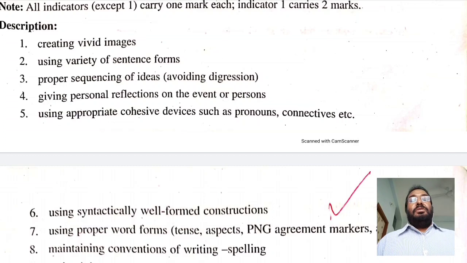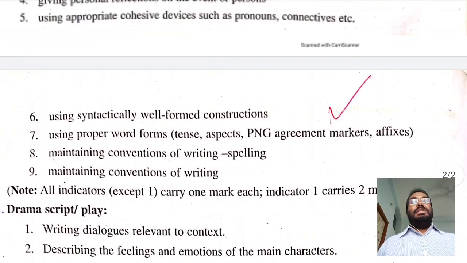One of the questions may be like, describe what is what, or imagine that you are Nick and explain your opinion, your feeling about that. So mostly it will be in first person also. Then cohesive devices, as we said already, some of them are pronouns, connectives, etc. We'll discuss that afterwards. Sixth one, syntactically well-formed construction should be there.